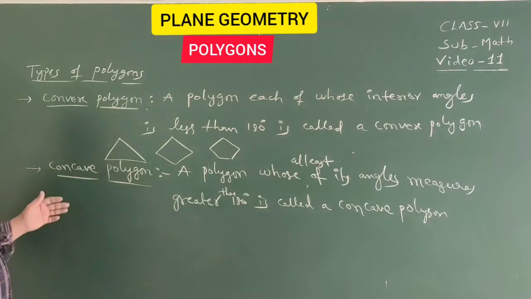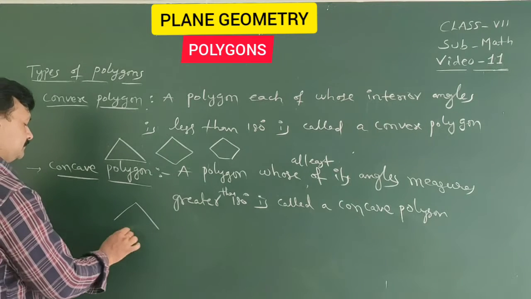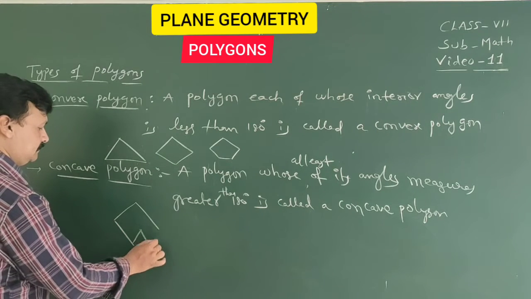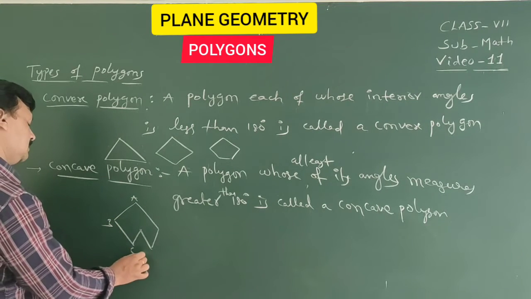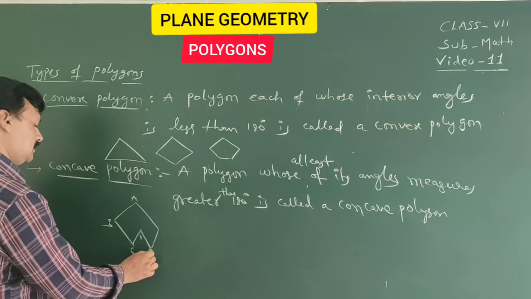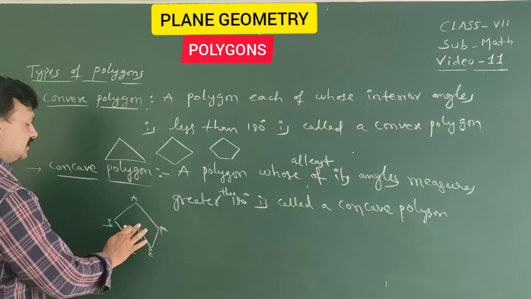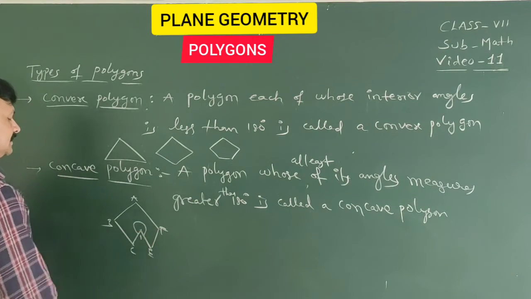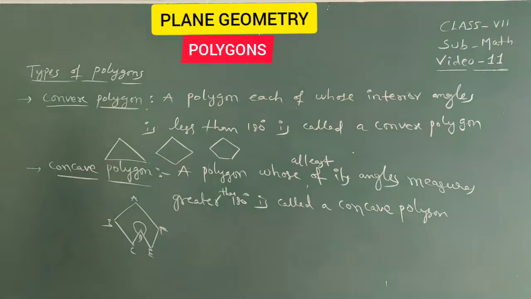But in case of concave, at least one angle measures greater than 180. Here A, B, C, D, E, F, 6 angles are given. Out of 6, angle D measures greater than 180. It's a reflex angle. Then it is called a concave polygon.